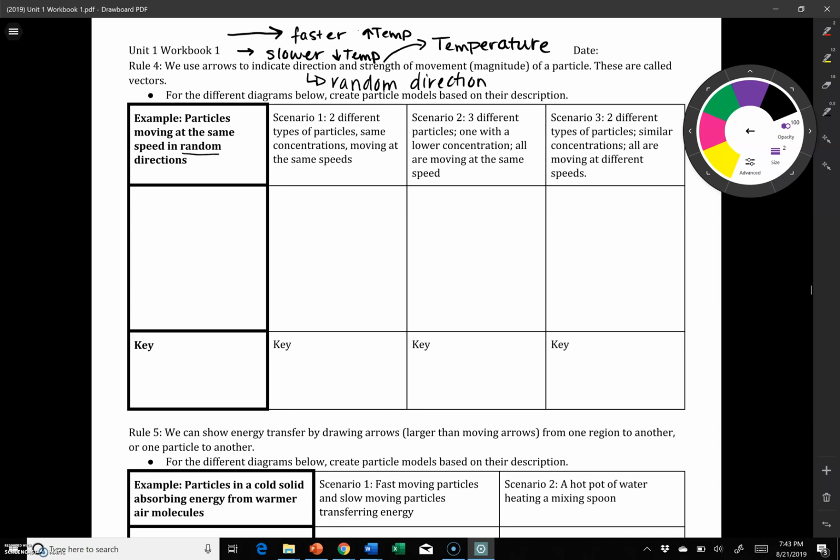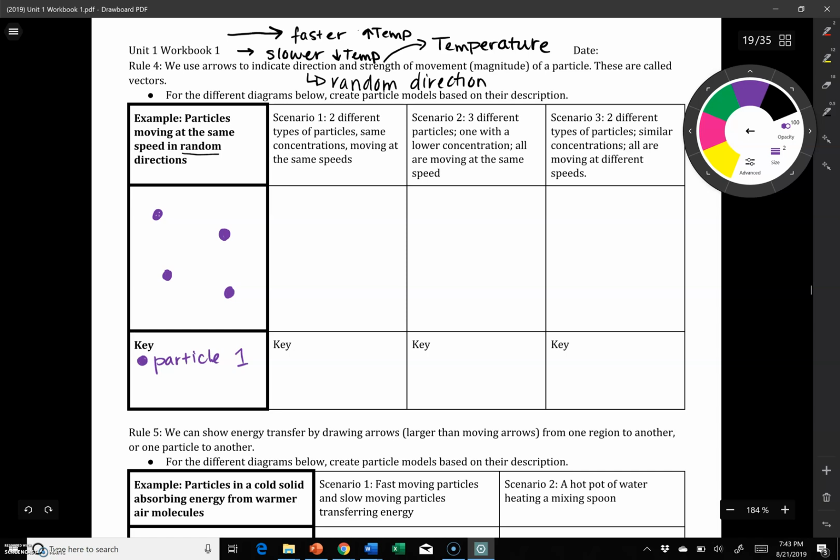So in our example, we have particles moving at the same speed in random directions. It doesn't tell me that I have two different types of particles, so I'm just going to assume that I only have one type. I'm going to call it particle 1 or particle type 1. I could call it air molecules or whatever. So I'm going to draw some of these so I have enough to represent that this is doing something. Okay.